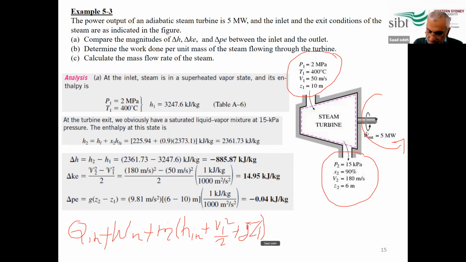This must equal the other side, which is the exit. So everything here should be the same, but at the outlet.